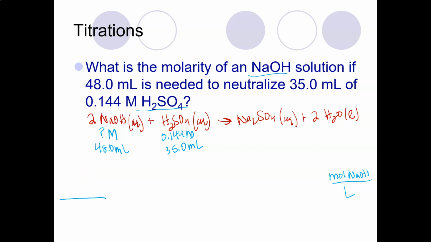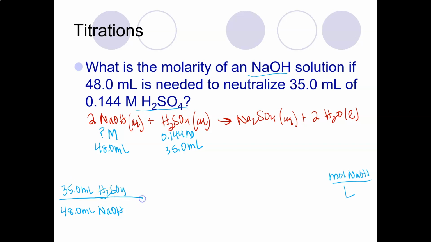The bottom number needs to be the liters of NaOH. We don't directly have the liters of NaOH, but I have the milliliters of NaOH. Doesn't that get me really close to liters of NaOH? So I'm going to put that on the bottom because that's almost what I need. On the top, just by process of elimination, it's going to be 35.0 milliliters of H2SO4.